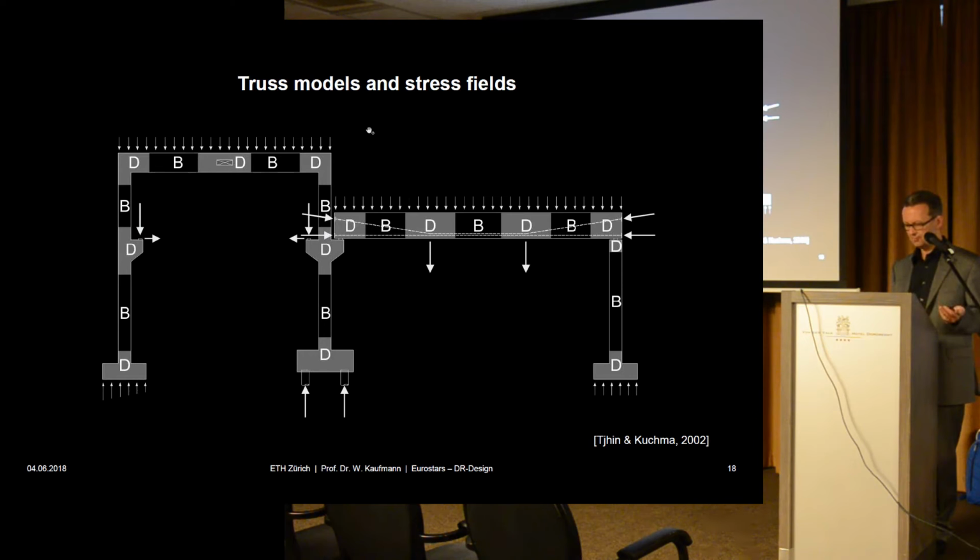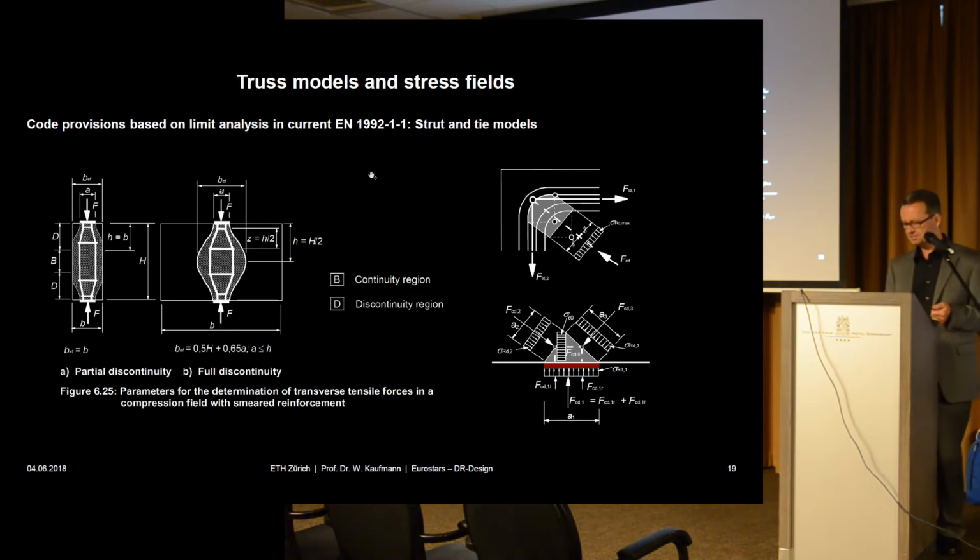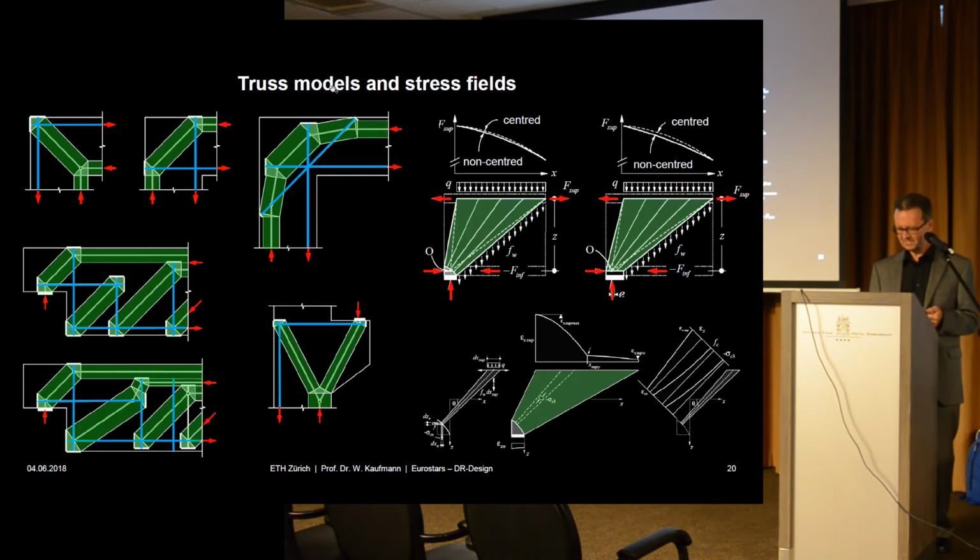We can use it for all of these, also according to the Eurocodes, truss models, or as they are called there, strut and tie models. There are code provisions for that. I can copy here some of them. Continuity regions, discontinuity regions, also in the code already. And we have design provisions for nodes, for struts, what is the concrete strength, and all of this, we have it also in the code.